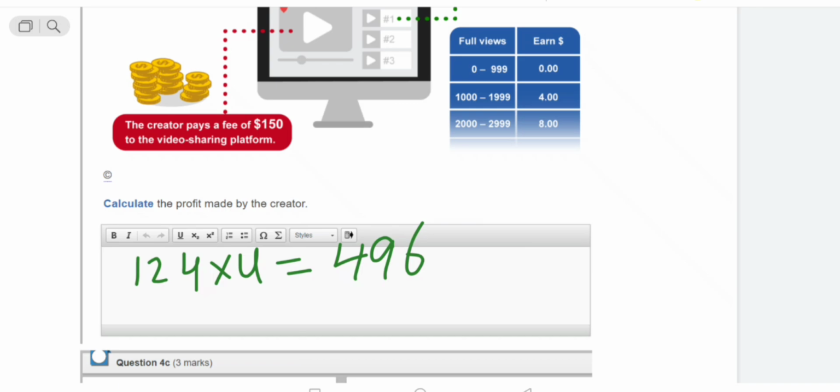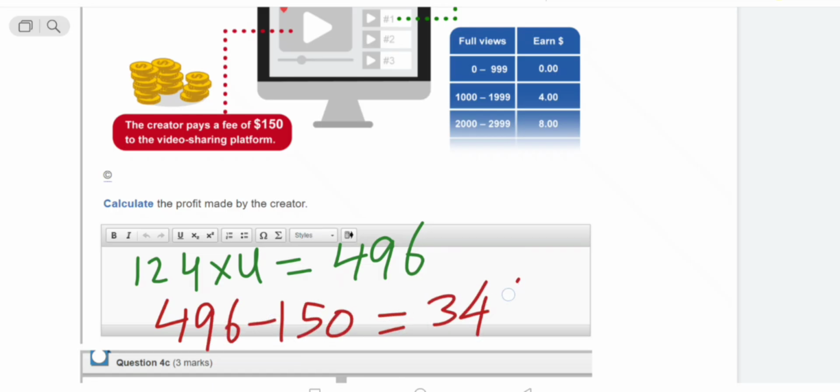But you already paid 150, so 496 minus 150 is equal to 346. This is the profit. Clear? Look at the next question.